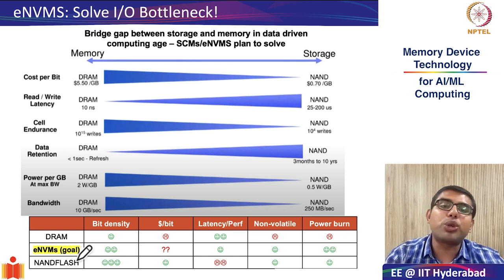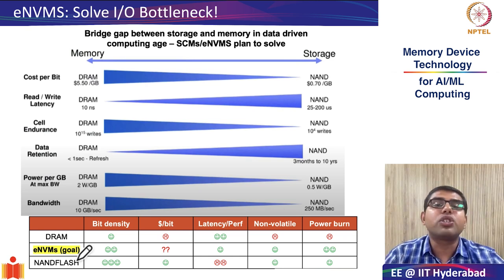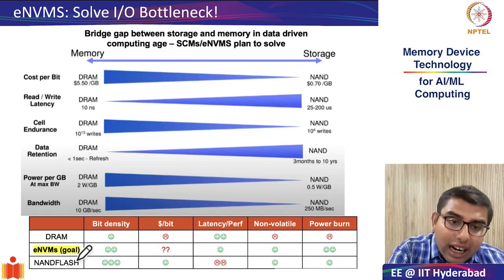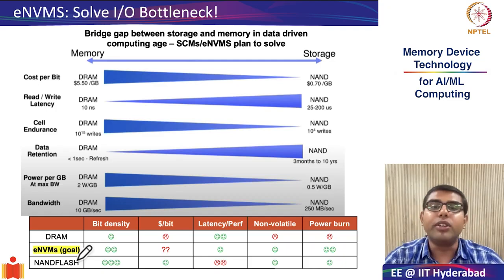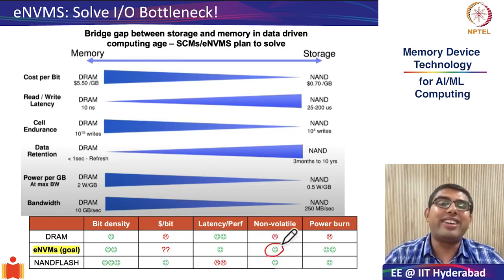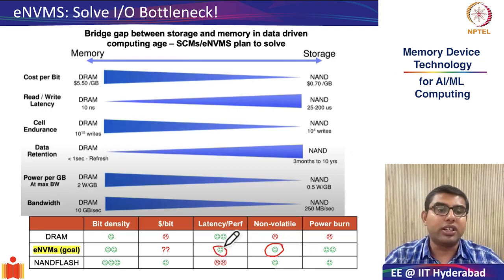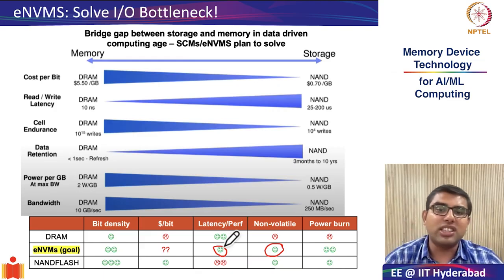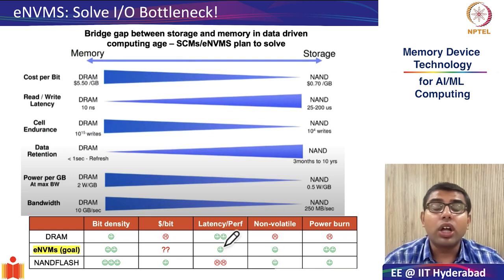So the idea is to have random access in eNVMs, therefore improving latency, other than the advantages you get at the device level. Also, you want to have non-volatility preserved in eNVMs despite having better latency. And this is the key benefit of eNVMs, that you will have latencies and performance equivalent to DRAM or a little worse, but you will have non-volatile storage.